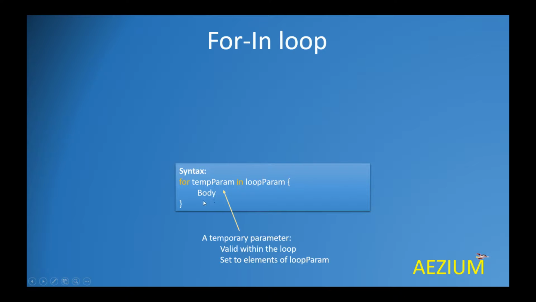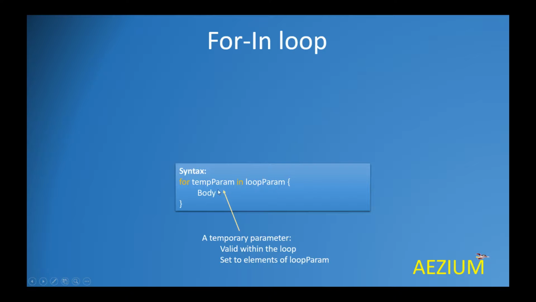In the next round of the loop execution, the temporary parameter will take the second value provided by the loop parameter, and using that value, the body of the loop is executed. This process continues until there is no more value left in the loop parameter.